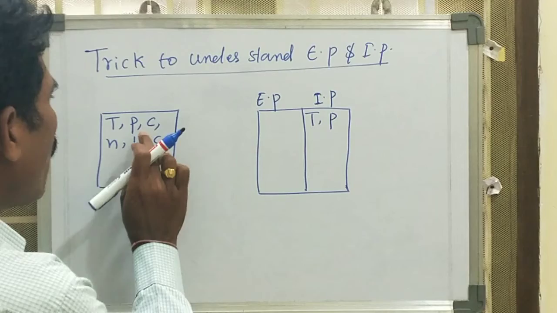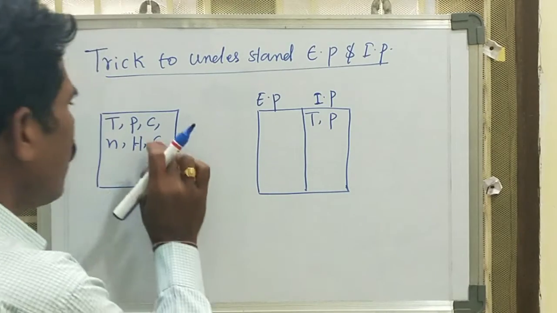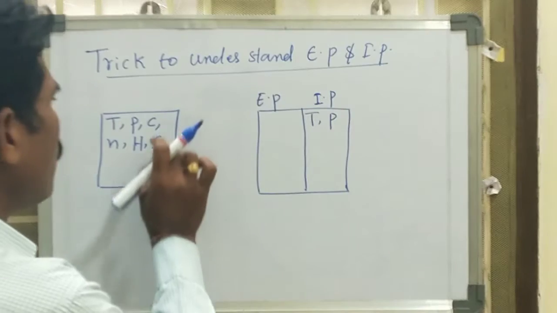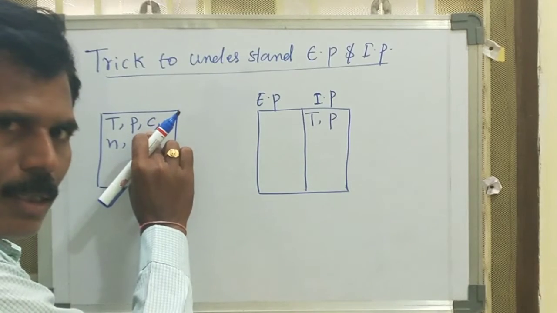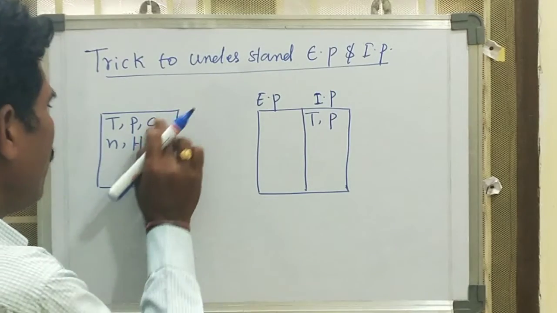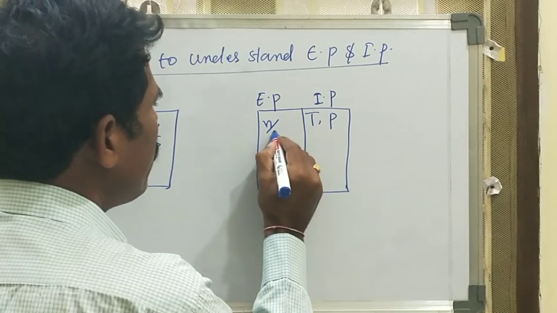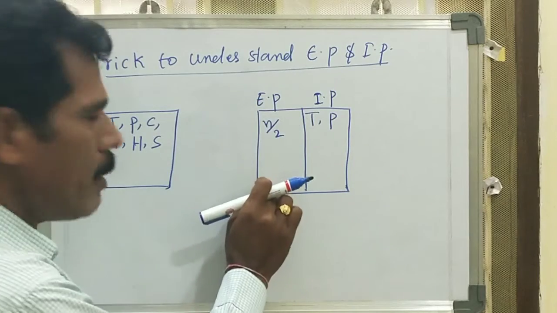Now, concentration. Later I will make you understand it with a calculation. Now see, the number of moles gets halved, so it belongs to extensive properties.